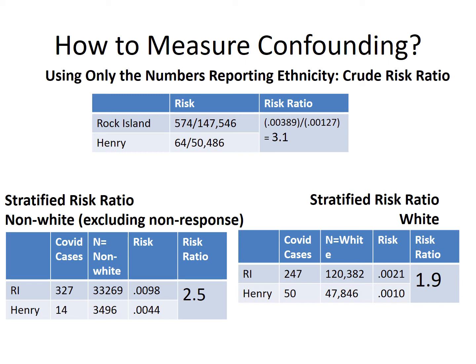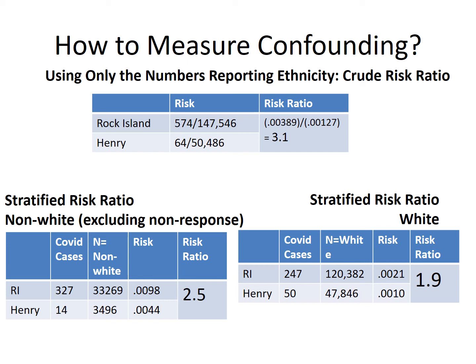So I'm holding the population size to be the maximum level, which is the total population for the county, but I am reducing the number of COVID cases to reflect the people who actually gave an answer for ethnicity and didn't leave that information blank.